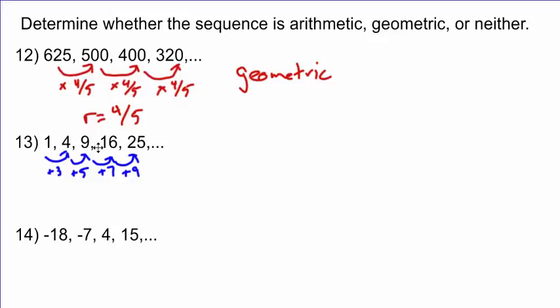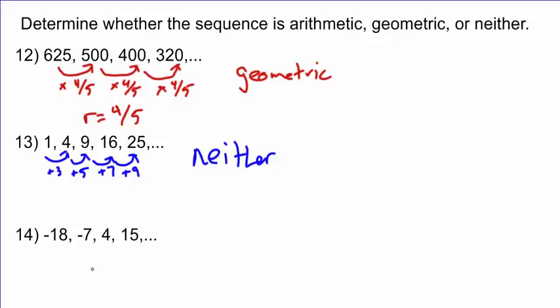But 4 times 4 is not 9. So it's not geometric. I hope you know what this is. As a matter of fact, why don't you think about what it is and write on your notes where you've seen this sequence. But for us, it's not arithmetic, it's not geometric. We just simply mark it as a neither, whichever you prefer.